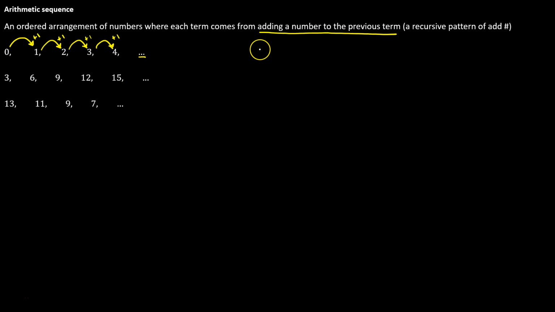For some reason, we use the letter A to represent any term in the sequence, and then we use a small number hanging off at the bottom to tell us where in the pattern that term appears. So for example, A sub 3 represents the third term in the sequence.